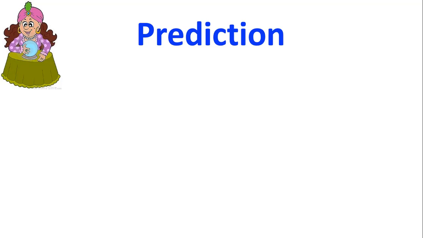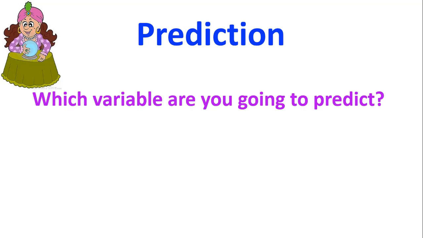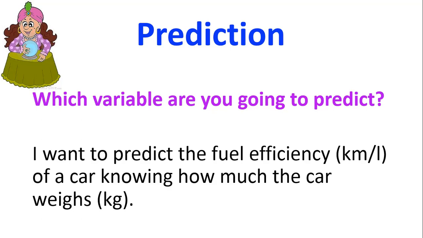So that's our second part. The next one is our prediction. We need to think about which variable we're going to predict. Are we going to be predicting the fuel efficiency, or are we going to be predicting the weight of the car? In this particular case, we're going to predict the fuel efficiency.